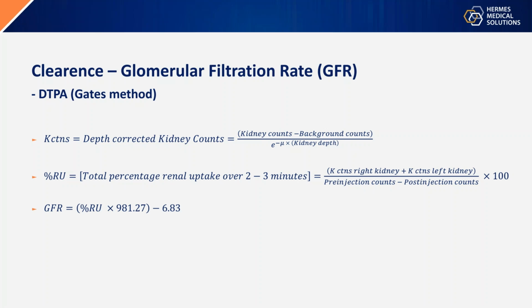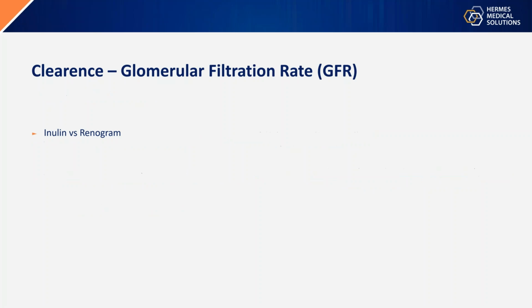So the discussion usually comes down to inulin or renogram. And inulin is rather easy to perform. If GFR is the only thing that's requested from the patient, a complete renogram becomes, at least in relation, quite an expensive process.